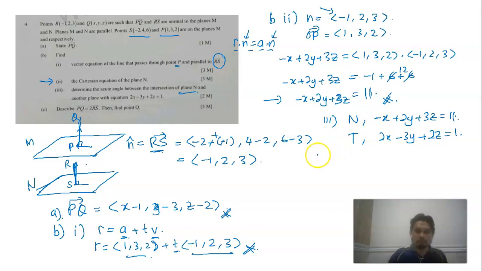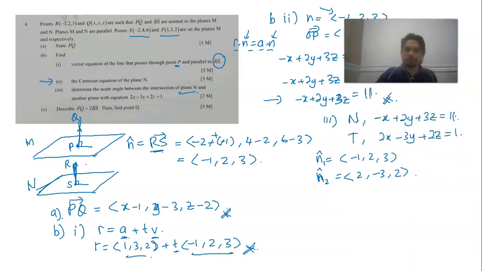The normal of plane N, which is (-1, 2, 3), is n1, and n2 for this one here is (2, -3, 2).